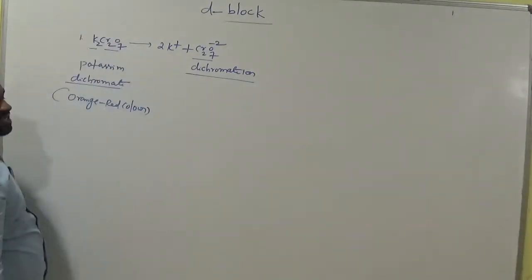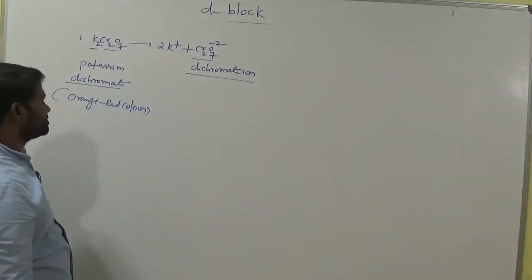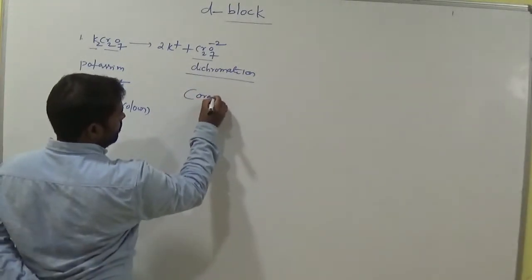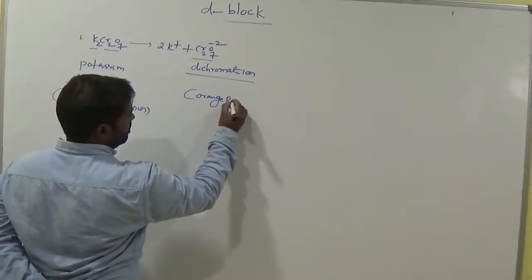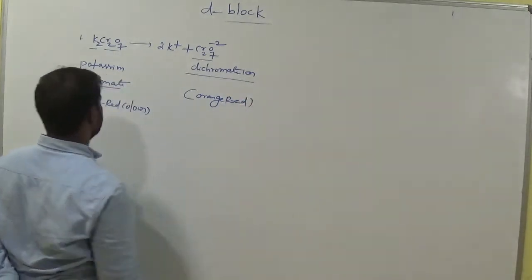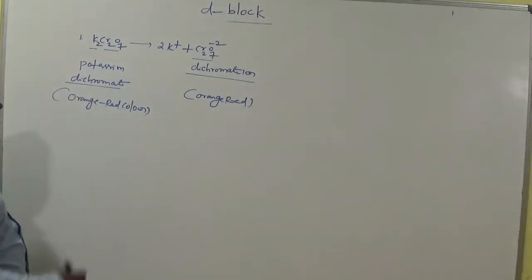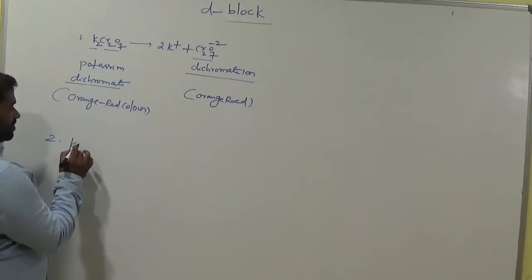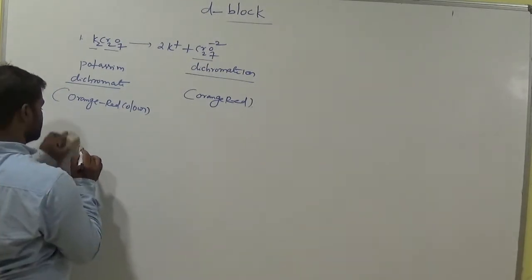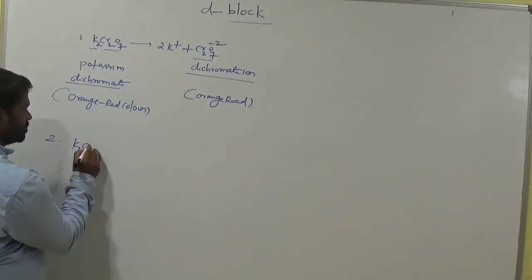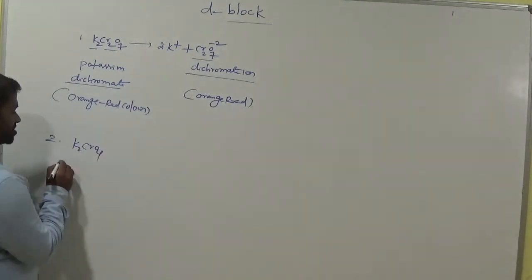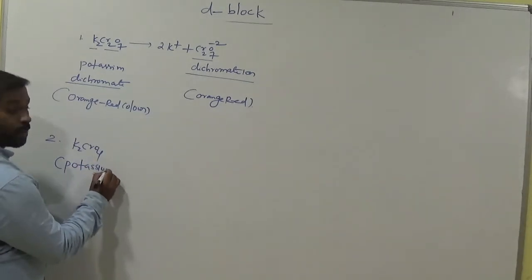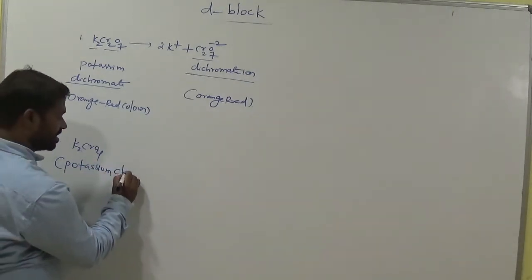Chromium is a transition metal. Clear? So this is also orange red in color. One more compound is K2CrO4, potassium chromate.